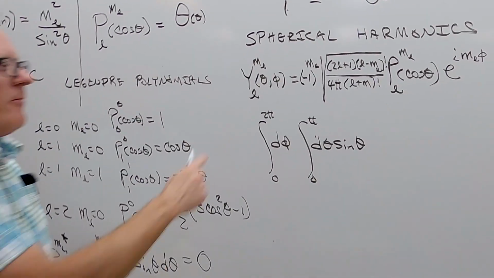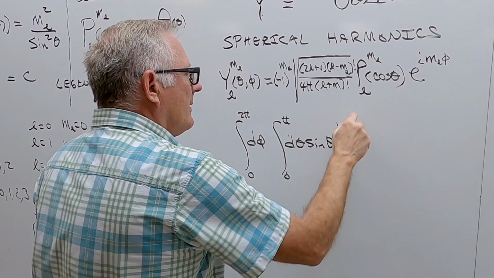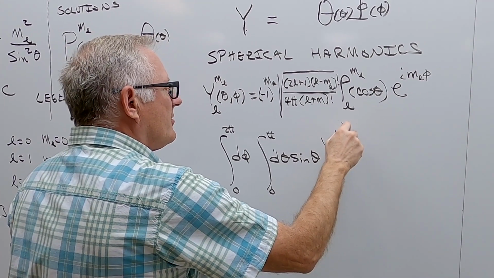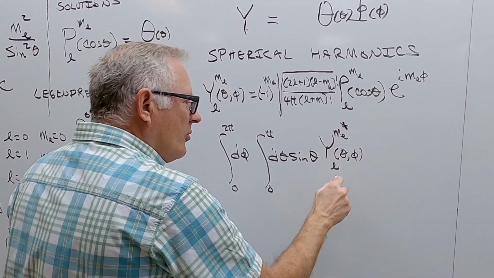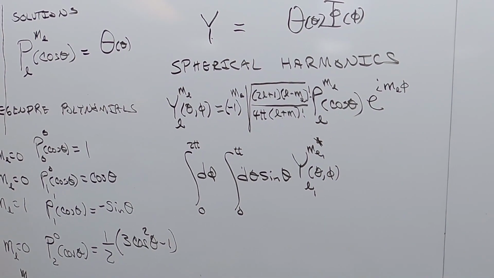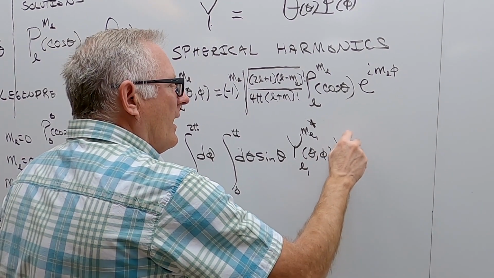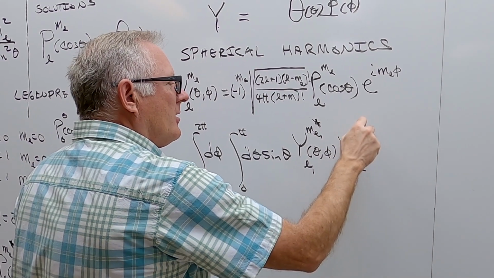And then we have our Y star Y: Y L1, m sub L1, star of theta phi, two different ones, and Y L2, m sub L2.